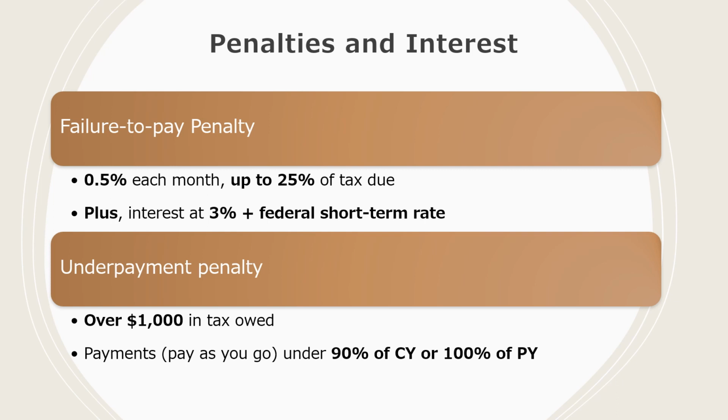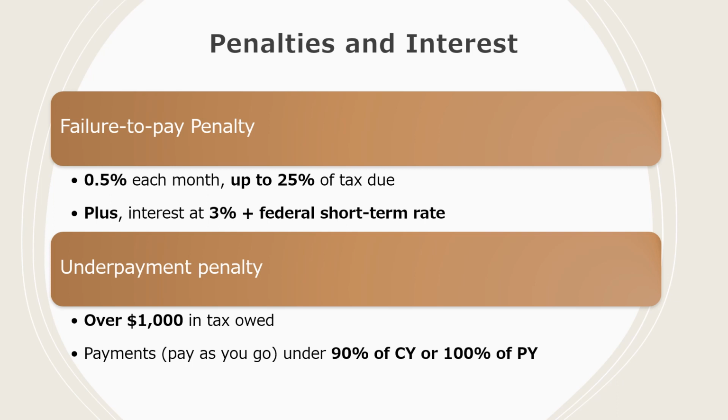Another penalty that we might actually see on returns is an underpayment penalty. That penalty happens if there's over $1,000 in tax owed when they file their return, and the amount of withholdings or payments in is less than 90% of the current year tax liability or 100% of the prior year.